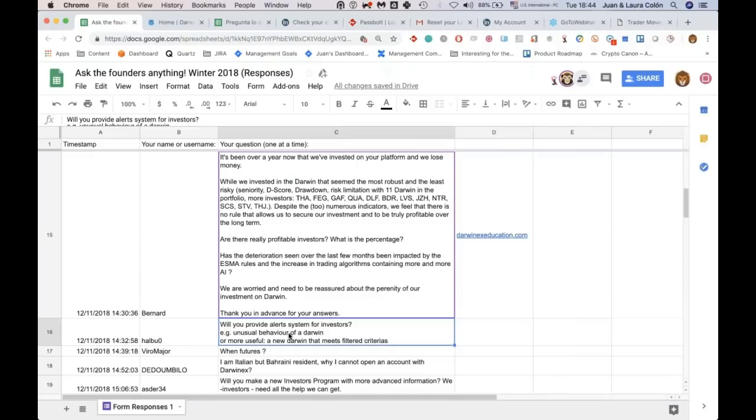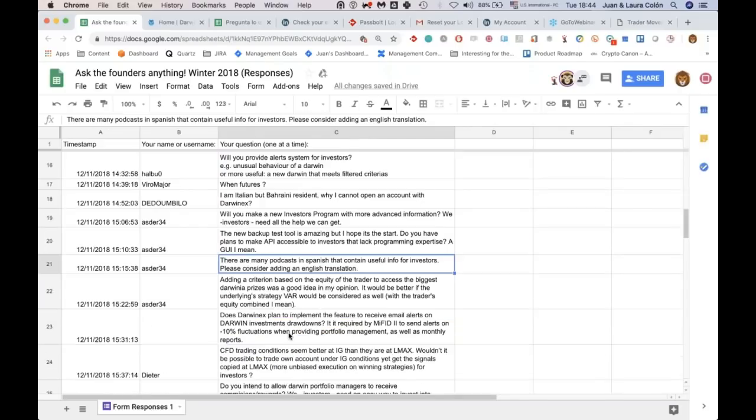So will we provide system alerts for investors? No, sorry. There's another one which was related to this one. Adding a criterion based on the equity of the trader to access the biggest Darwin prices was a good idea. Well, thank you, because that's been quite a controversial decision, but we think it was the best to do. It would be better if the underlying strategy VAR was considered as well, combined with the trader's equity.